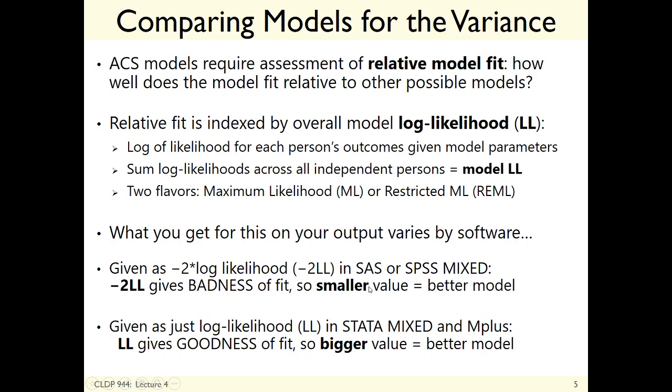Your SAS output is going to give you a statistic called -2 log likelihood. Smaller is better. The reason it does that is so that you can take the simple difference between models without having to multiply that difference by -2. Twice the difference follows a chi-square distribution, so they're trying to help you save a step.